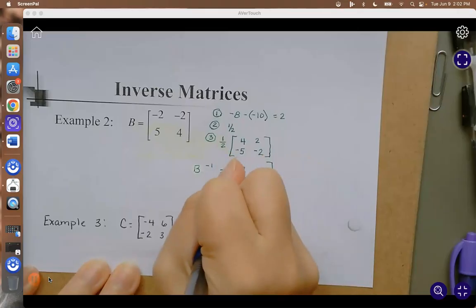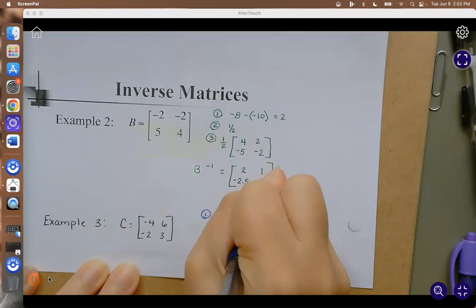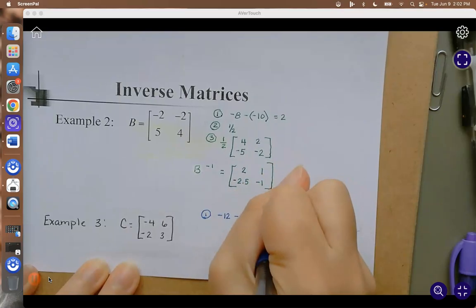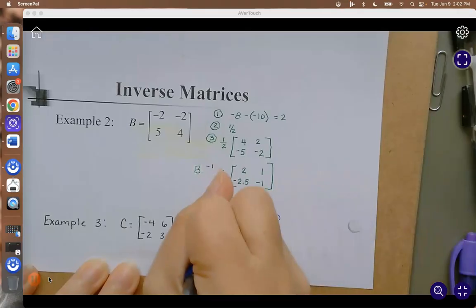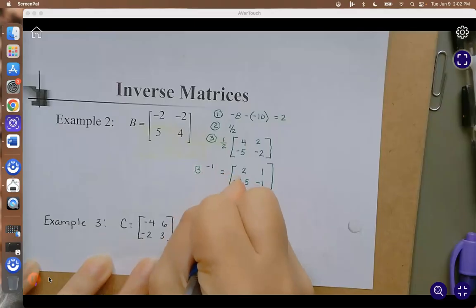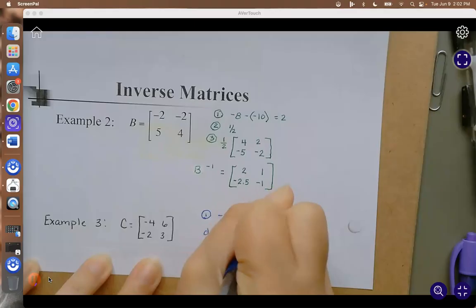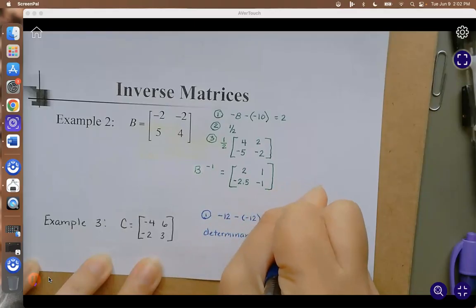Let's find the determinant. So -12 minus -12. So this becomes a positive. This is 0. Bells should go off in your head. Determinant is 0.